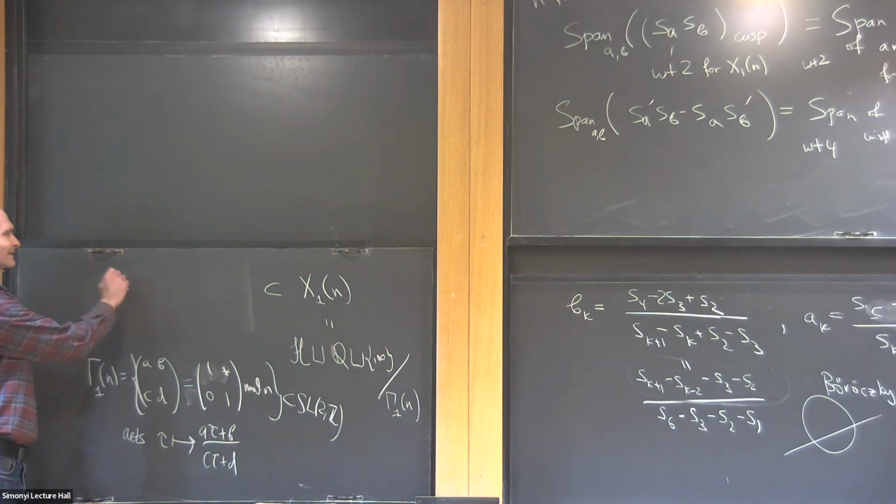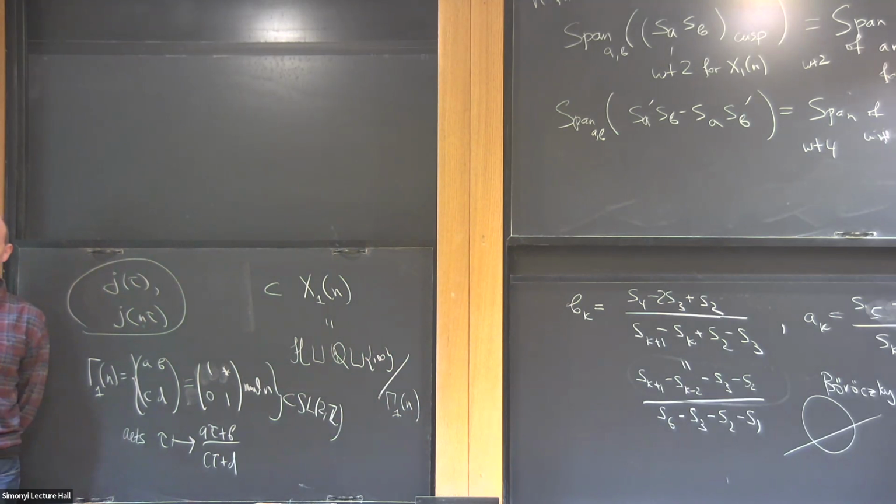Certainly for X0(n), which is a related thing, you have the J invariant of tau, and you can look at the J invariant of tau and the J invariant of n tau. There's a polynomial relation between them called the modular polynomial, which you can compute. It gets uglier and uglier as n gets larger.